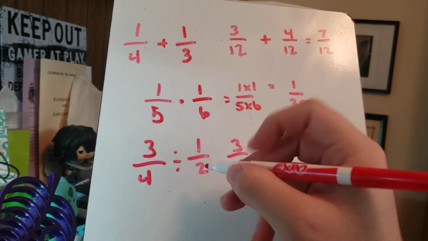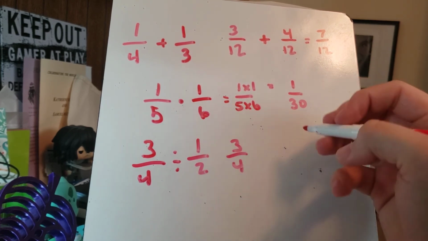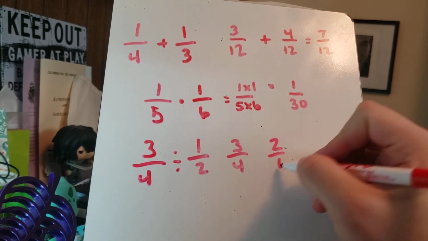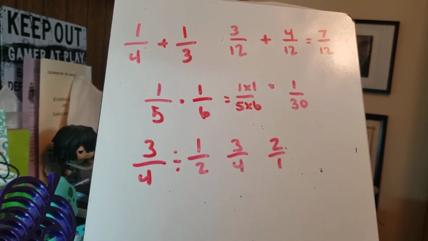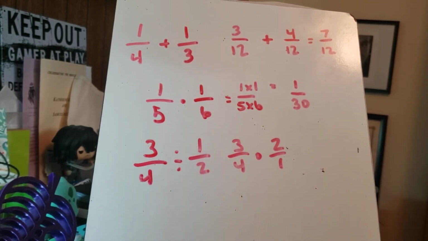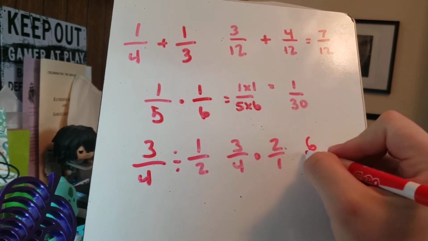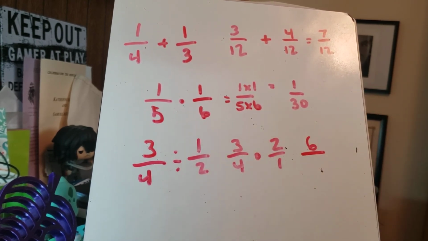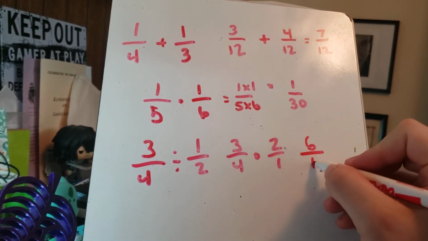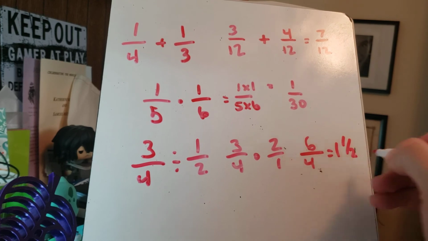And to flip it, we're just going to put the denominator up top and the numerator below. And then, instead of dividing, we're going to multiply. So, just like we did above, we've got 3 times 2, which is 6, and 4 times 1, which is 4. And that's going to simplify to 1 1/2.